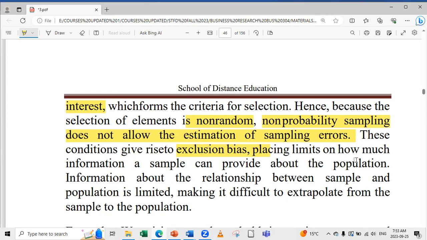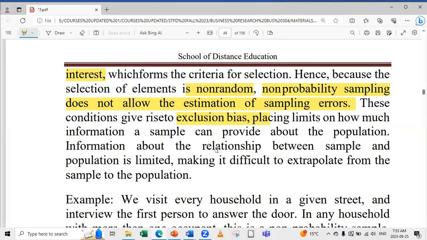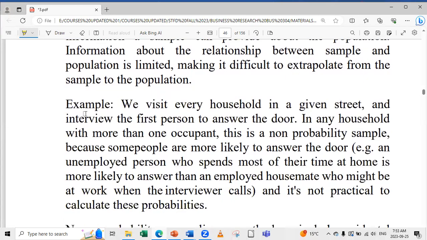Example, look at this. This example will also show you. We visit every household in a given street and interview the first person to answer the door. In every household with more than one occupant, this is a non-probability sample.